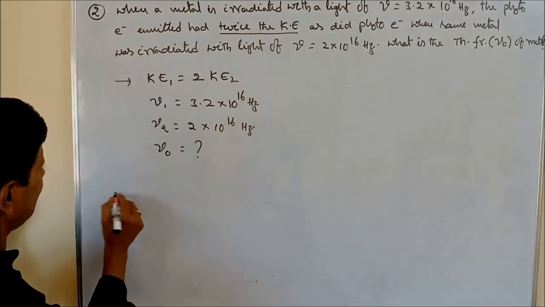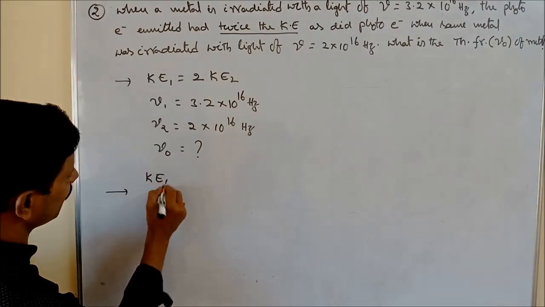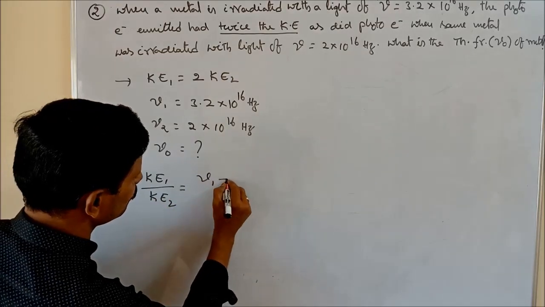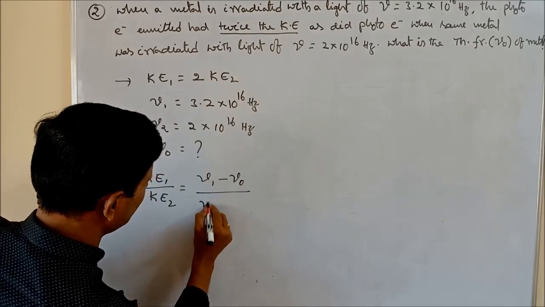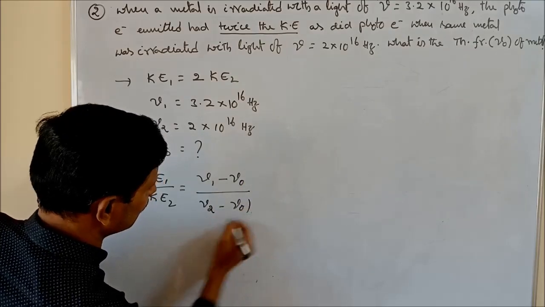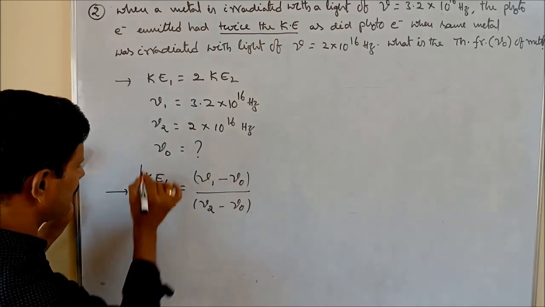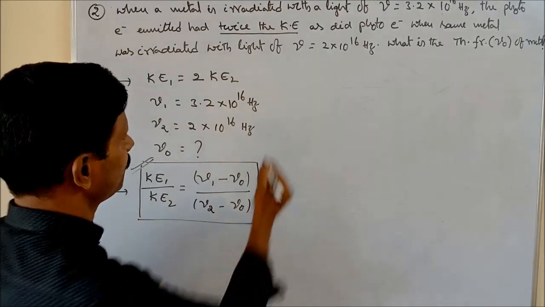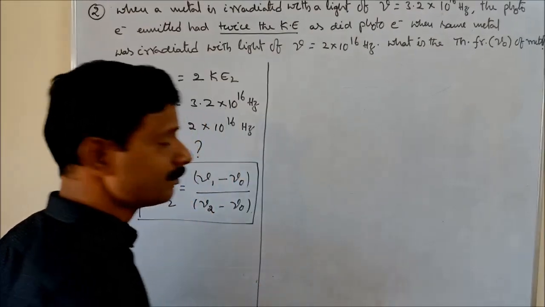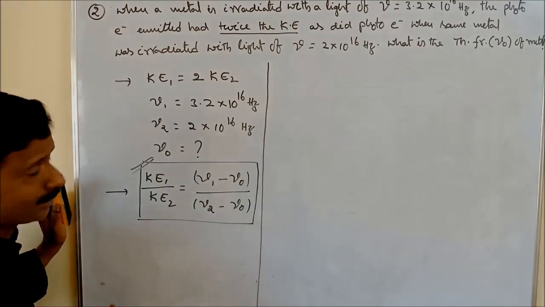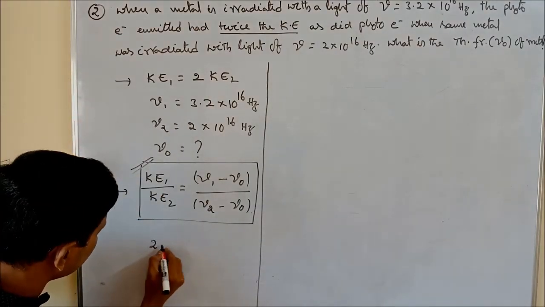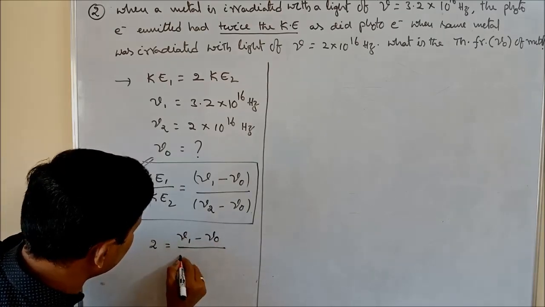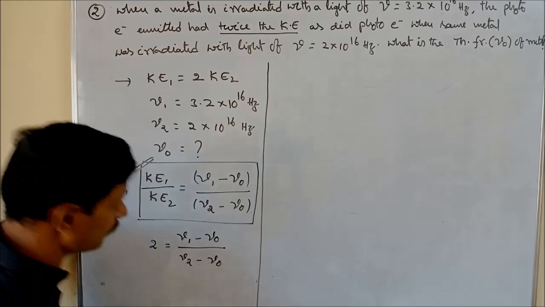Now the relation we have is Ke1 by Ke2. Already you know that formula: nu1 minus nu0 by nu2 minus nu0. This is the formula we have to use here. Now the ratio Ke1 by Ke2 is equal to 2. That means 2 equals nu1 minus nu0 by nu2 minus nu0.